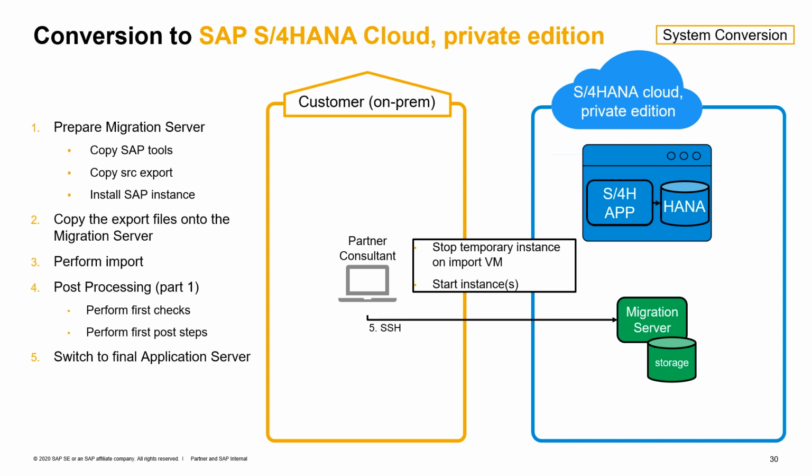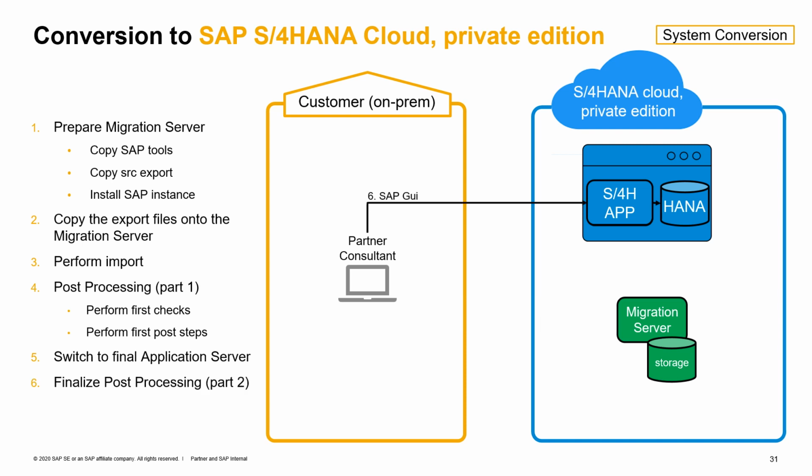Now the consultant will have to stop the primary application server in the migration server and inform SAP operations so that our team can start the final instance that was initially provisioned. Step number 6. Now with the final instance up and running, all the post-conversion activities required in the S4HANA system can be now performed using the SAP GUI connection.